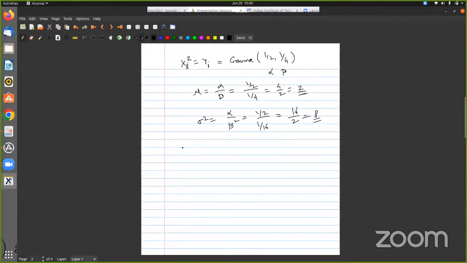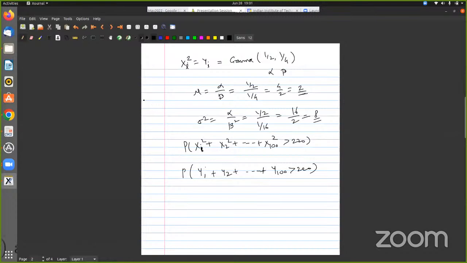Now what we have to find is x1 square plus x2 square plus up to x100 square, which is greater than 220. We wanted to find this. Now consider x1 square as y1, x2 square as y2. So it is y1 plus y2 plus up to y100 greater than 220.